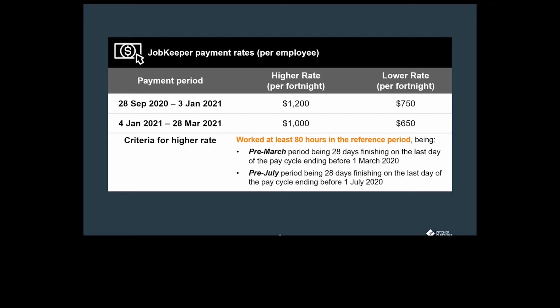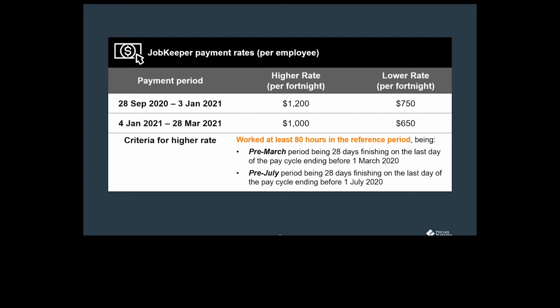So to qualify for the higher rate, the relevant employee must have worked at least 80 hours in the relevant reference period, which is either a period of 28 days prior to March, or a period of 28 days prior to the 1st of July.